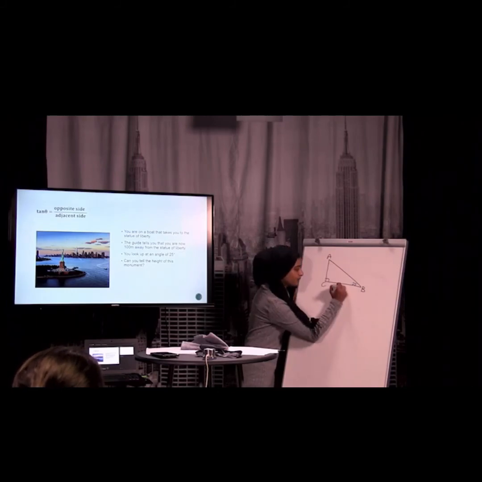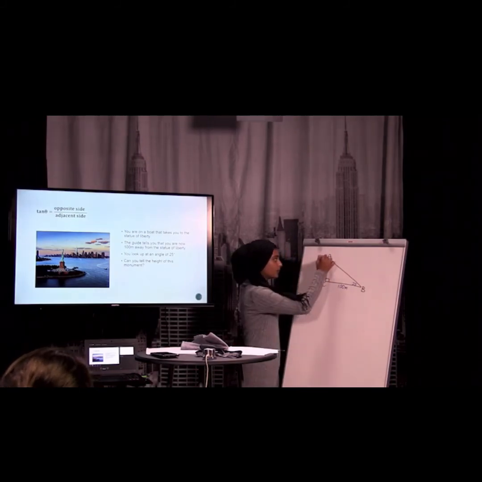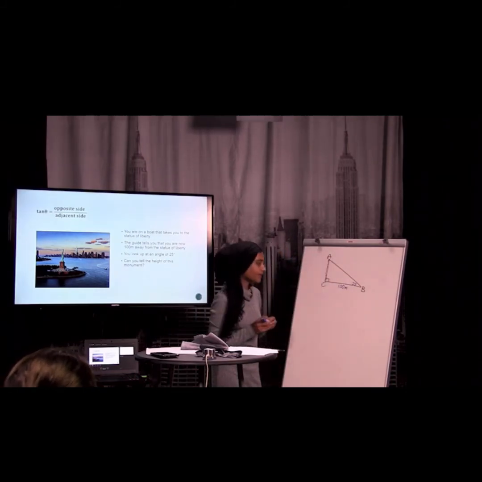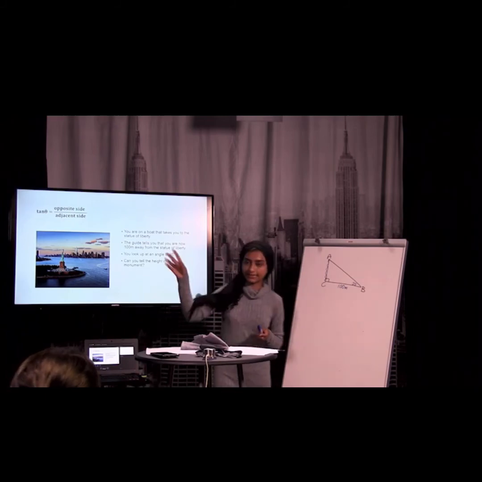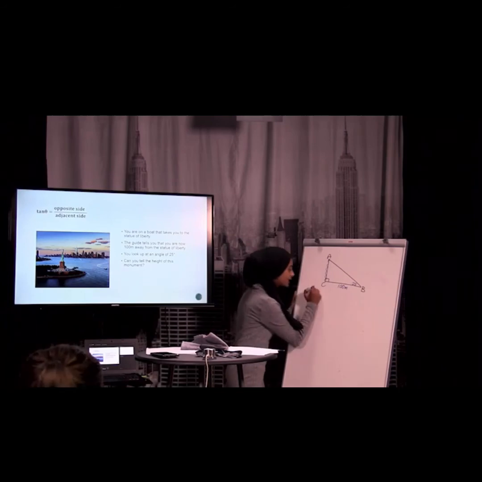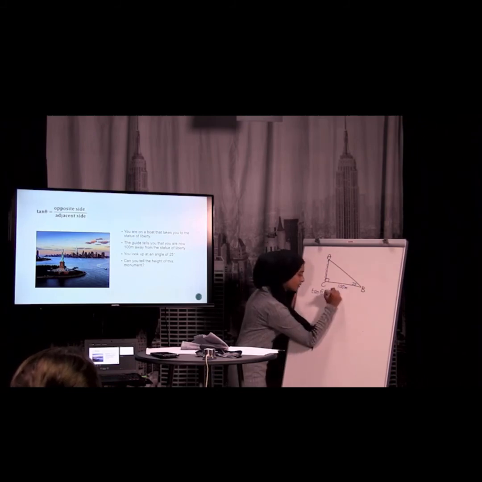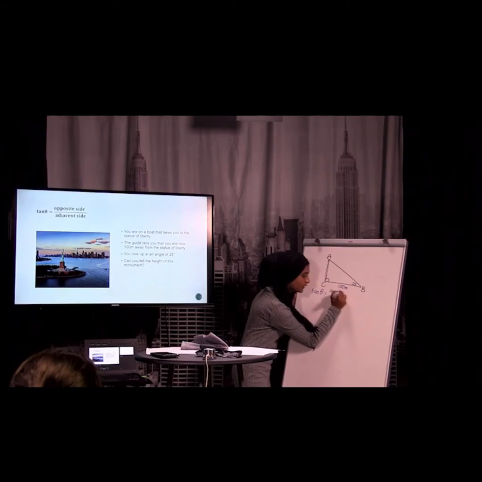So there we have 100 meters, and then there's the little Statue of Liberty. Now you want to know where this little torch is, okay? So let's use the tan rule to find this out. We know tan theta equals the opposite side over the adjacent side, right?